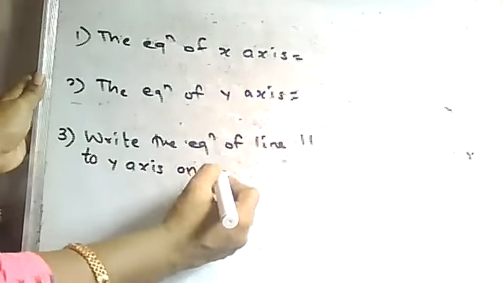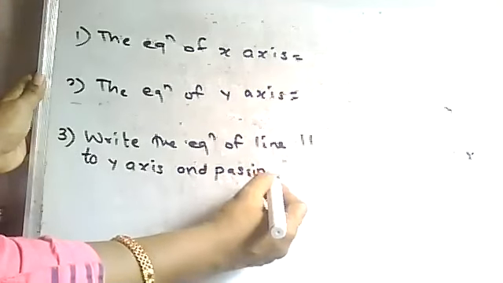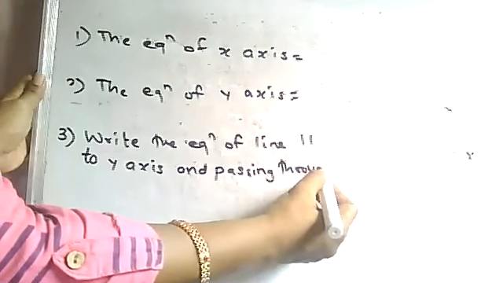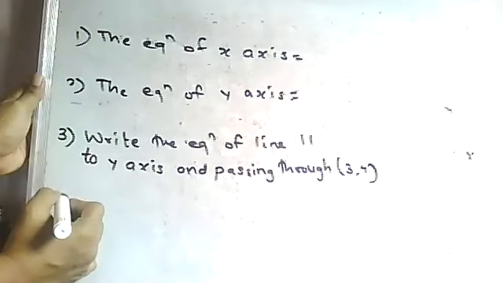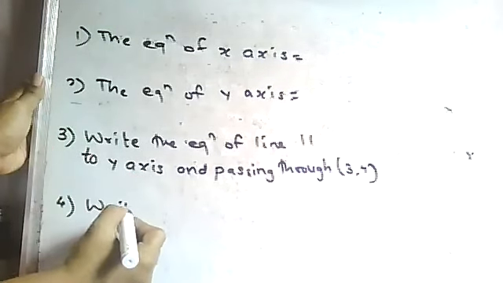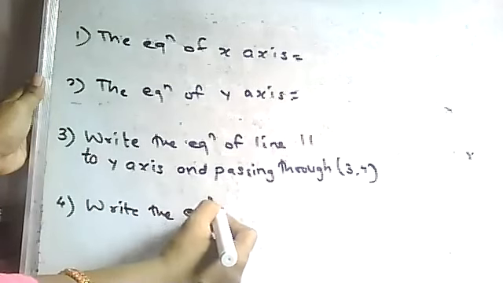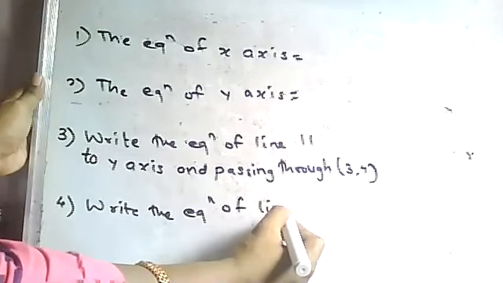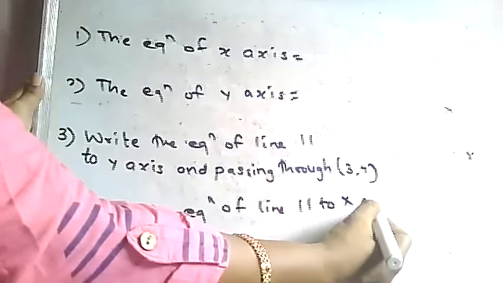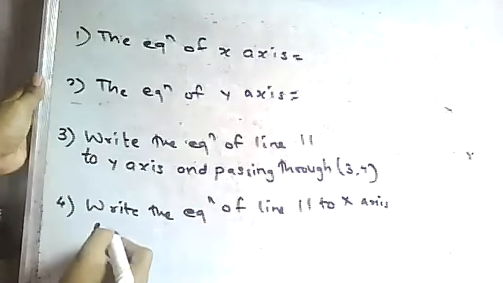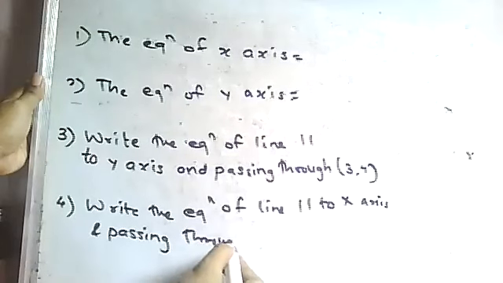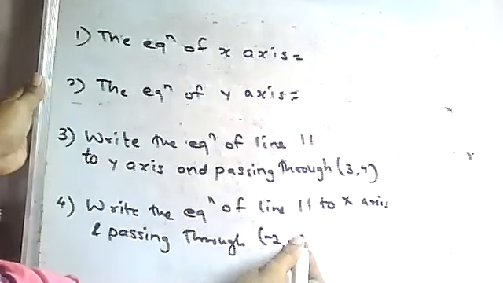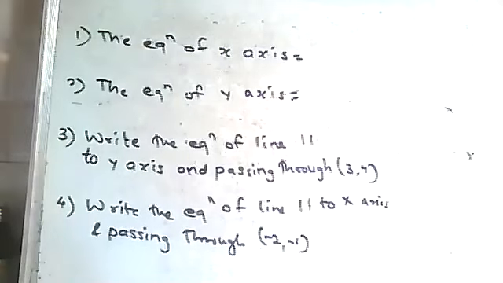And the last one, same way, write the equation of line parallel to x-axis and passing through, suppose, -2, -1.